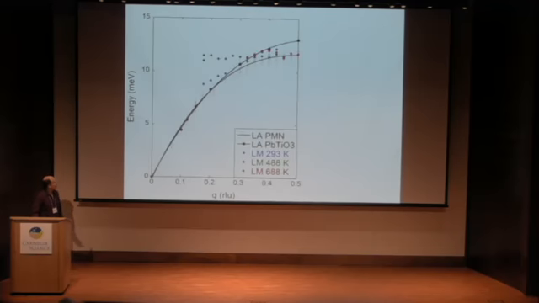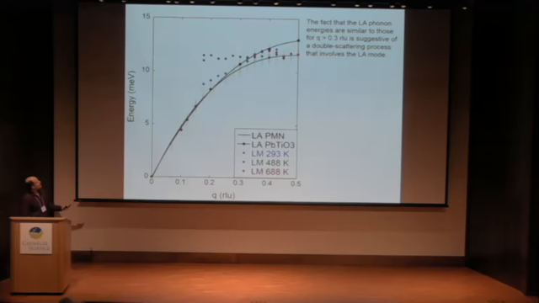Okay. So what I'm showing you here, in color, are the local mode intensities at high temperature, 600 in red, at 488 Kelvin here in green, and then when it's delocalized in blue at room temperature. That's the color scale here. What I'm showing in black are the values of the phonon intensities of PMN, the longitudinal acoustic mode, and the open circles, and then lead titanate.